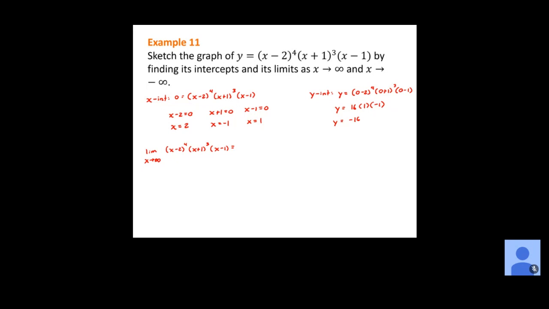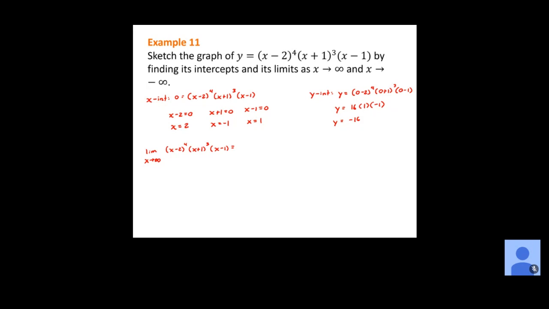So if we look at this first factor, what would the limit as x approaches infinity of (x minus 2) to the fourth power give us? It's a positive infinity, right?